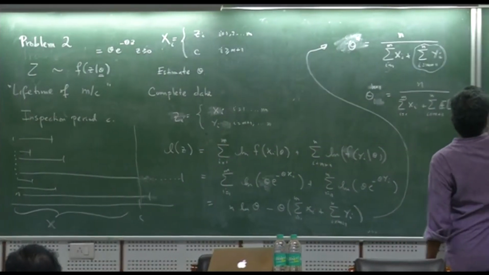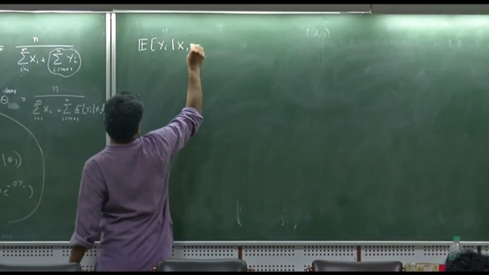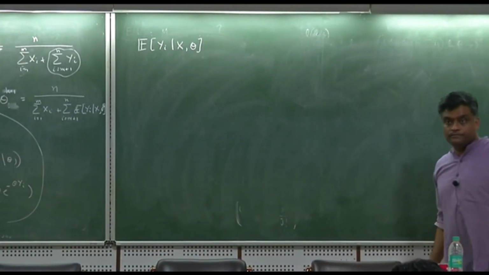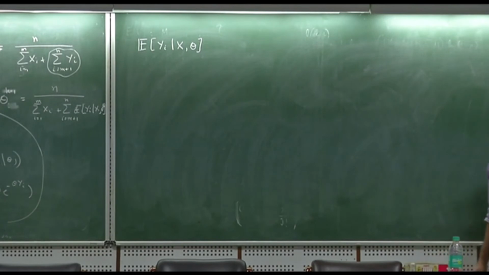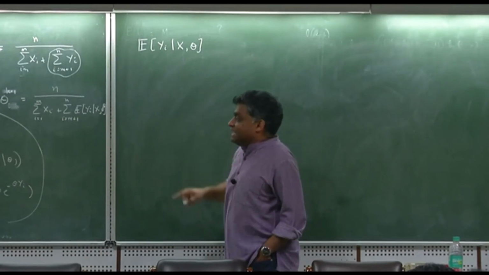So what I'm looking for now is the expected value of yi given x and theta. That's what I'm trying to compute. And once I have that, I have an iteration to go. So what is this expected value? This means that I got curtailed.